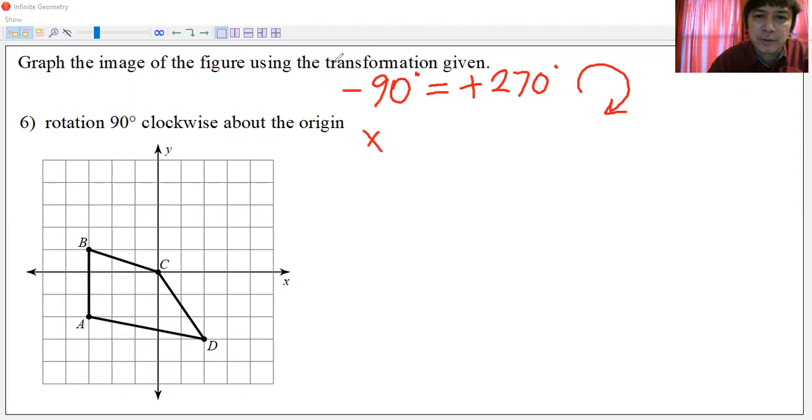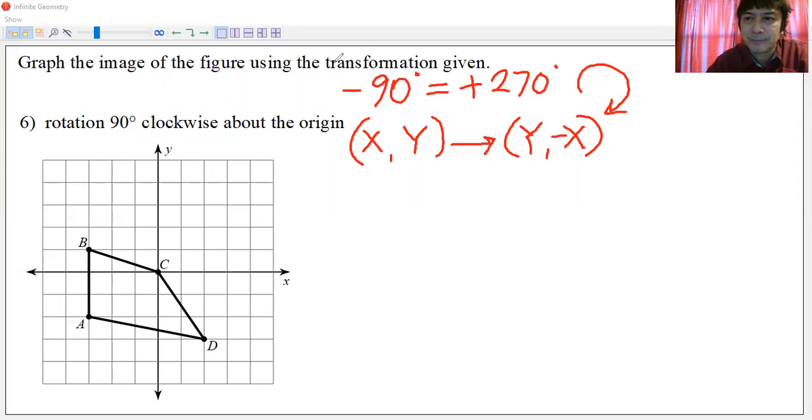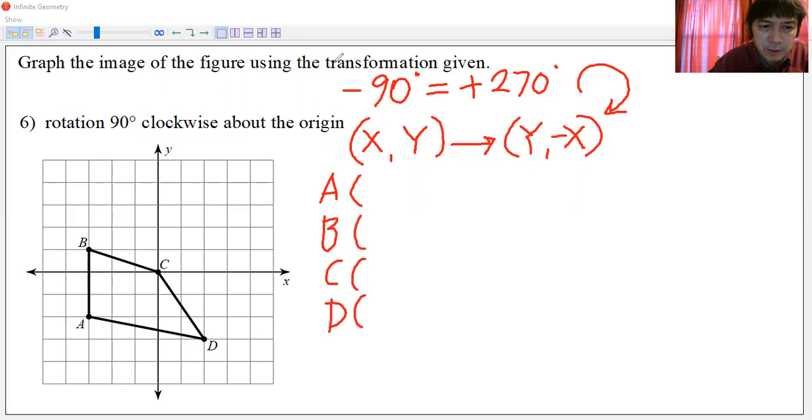And the rule is, from the given pre-image, you're going to have this y, x, but the x terms are reversed there. So let's have the points A, B, C, D. So we have the pre-image A, B, C, D. The coordinates are, for A is -3, -2. The B is -3, 1.